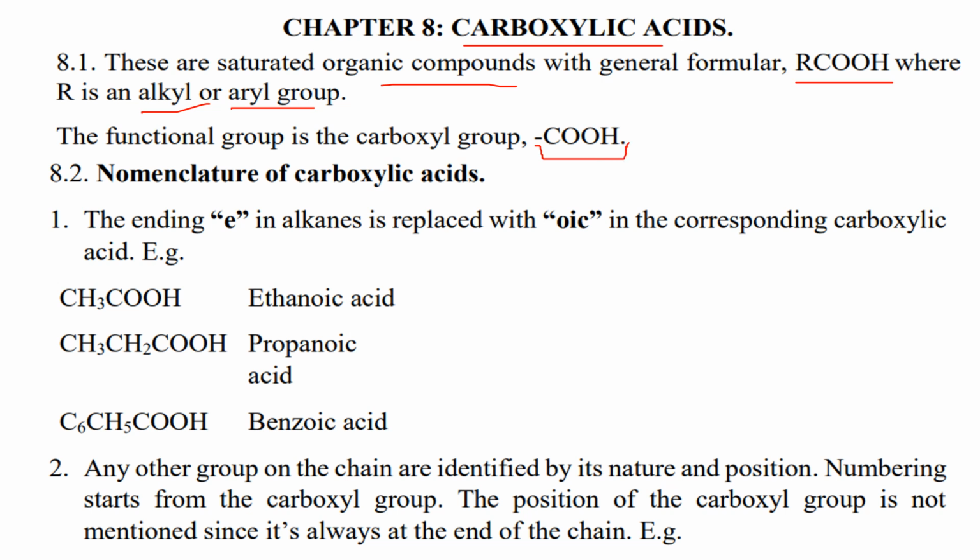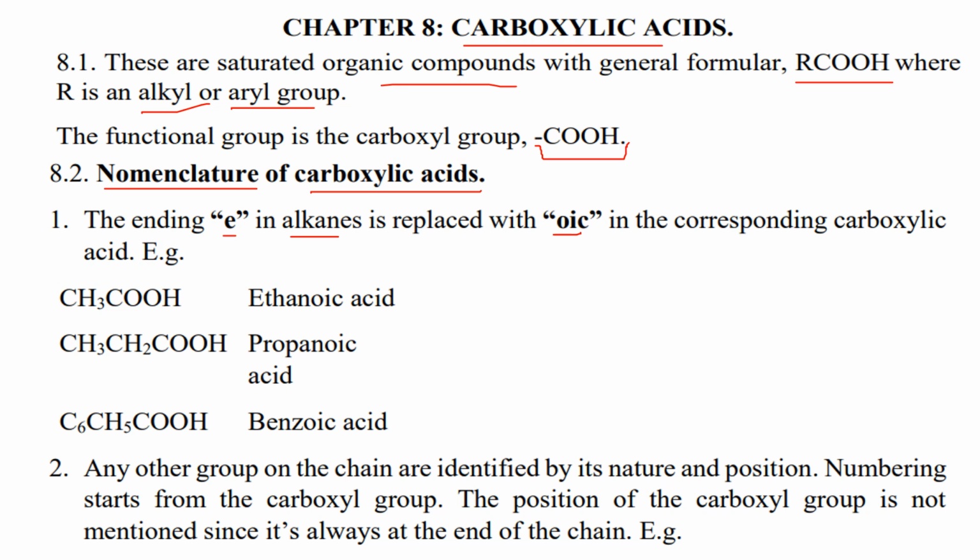Looking at the nomenclature, we are going to be looking at the naming of the different carboxylic acids that we cover at advanced level. When you are naming, the ending E in alkanes is replaced with the suffix OIC in the corresponding carboxylic acid.